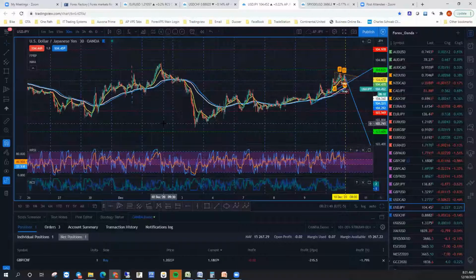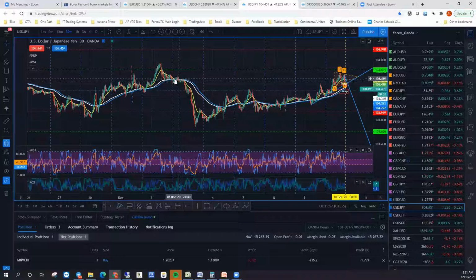But the bottom of the big wedge that I drew starts from the bottom of that, down and all the way to the right.